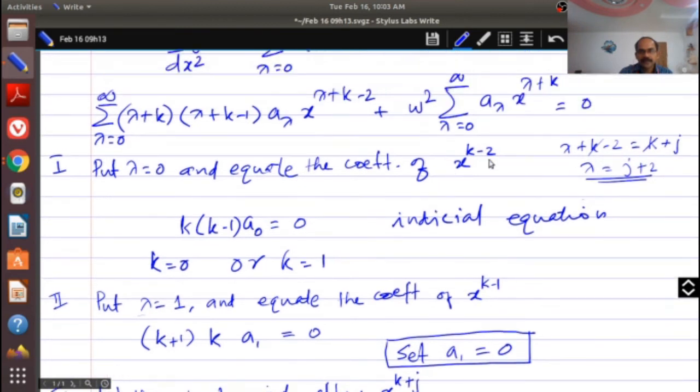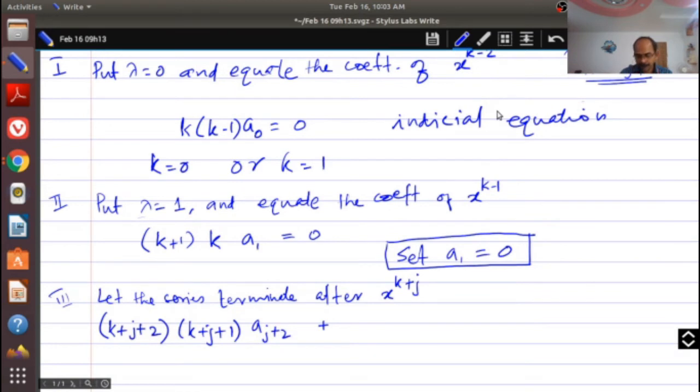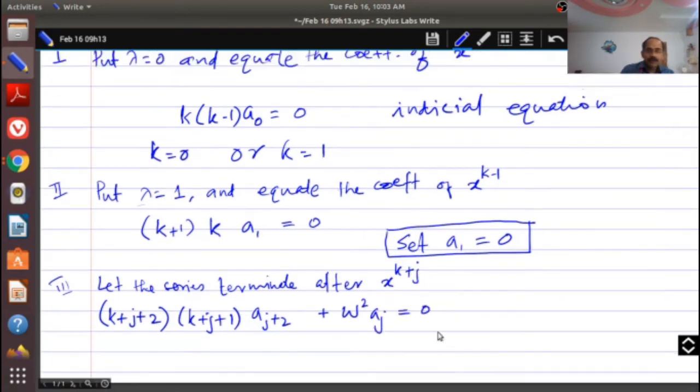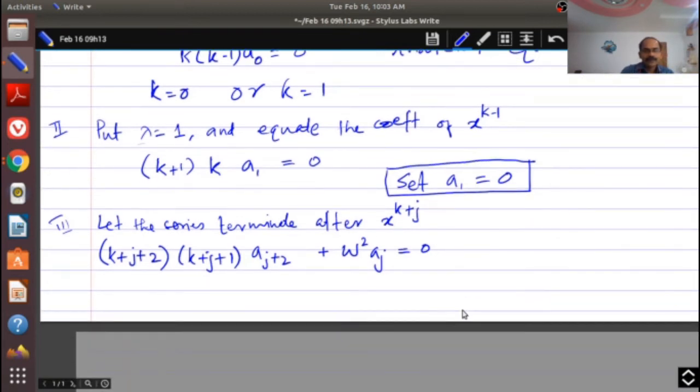Omega square. As usual, here if you put lambda equal to j, the power will be matching x raised to k plus j. So the coefficient will be omega square a j. Omega square a j equal to 0. This is an interesting equation, okay?